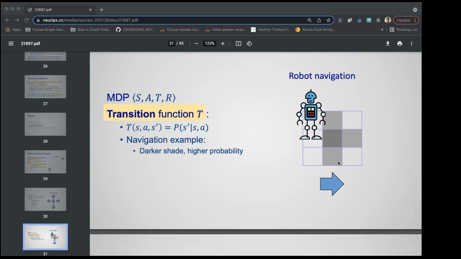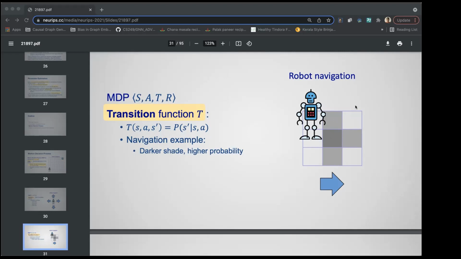So I guess ignore the probabilities here, but if it's a deterministic robot that's just taking a step towards the east, what is the resultant position and what is the transition function? So the position will be just on the center cell.